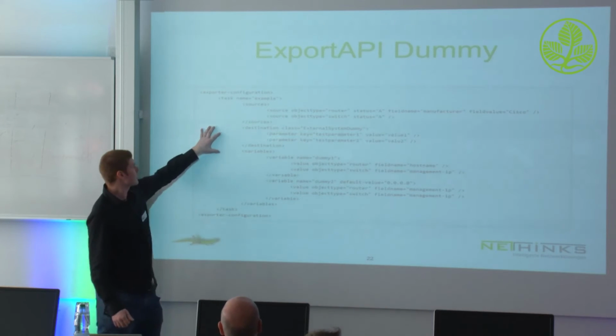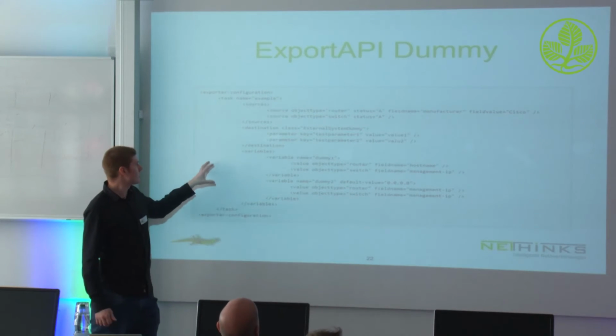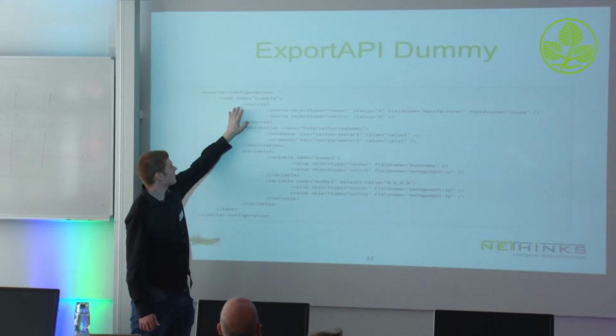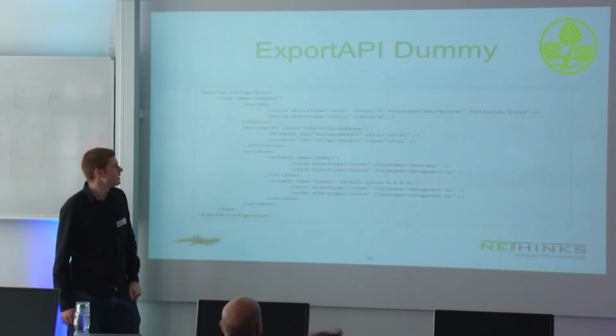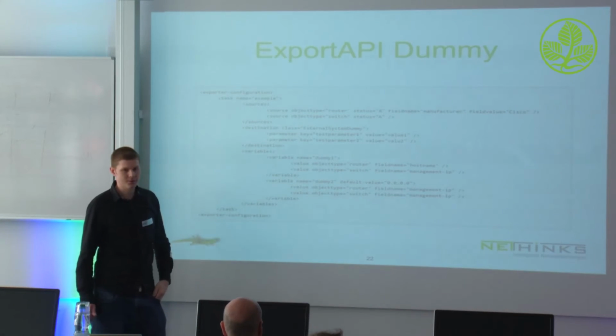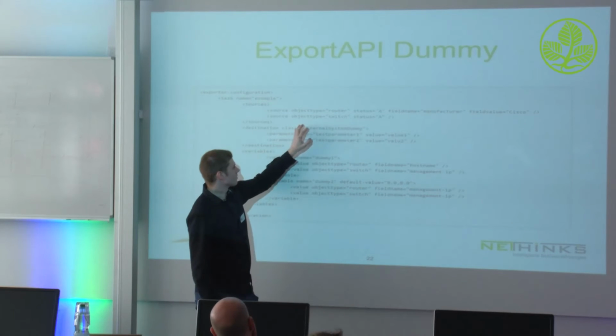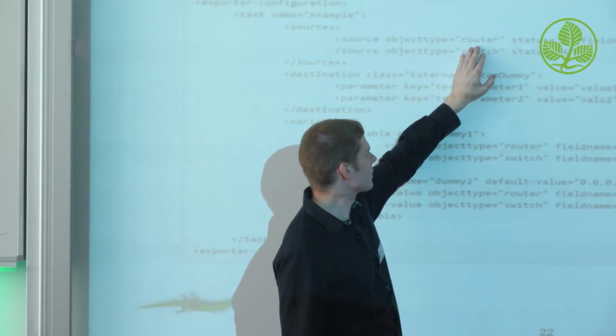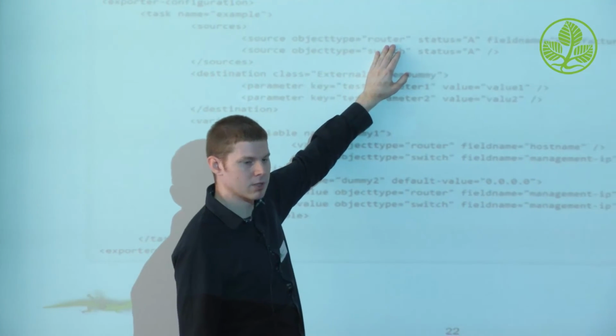This is the structure of the configuration of an exporter. We have an export task there, which has the name example, and we have here a block that defines the sources. A source is an object type. So for example, we have the object type router here.